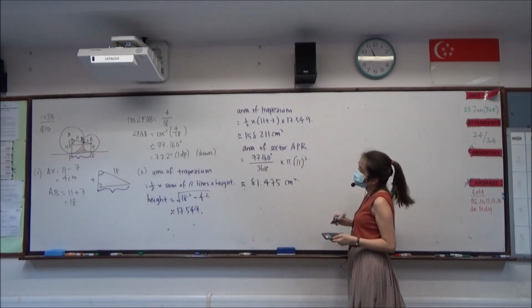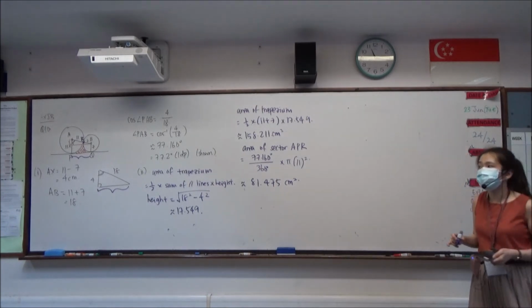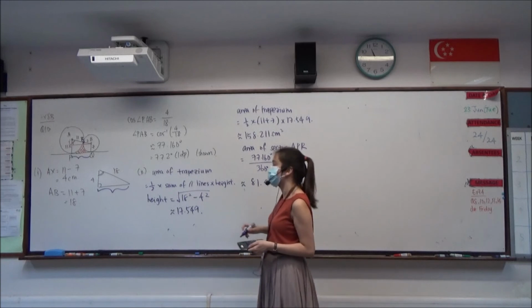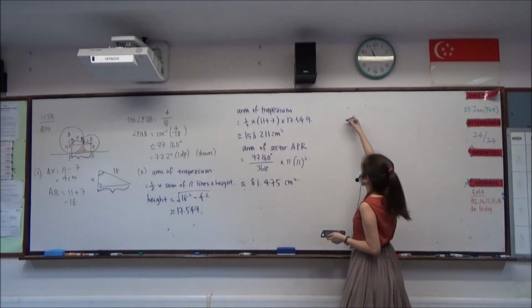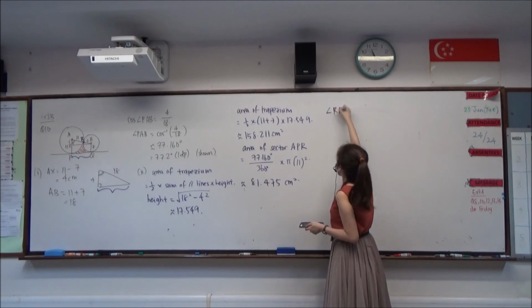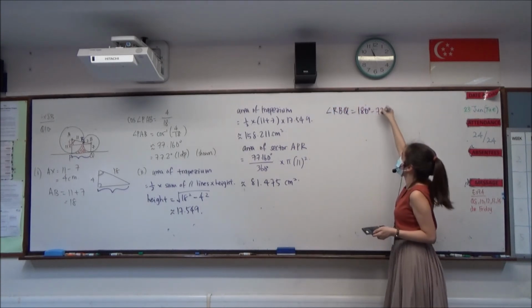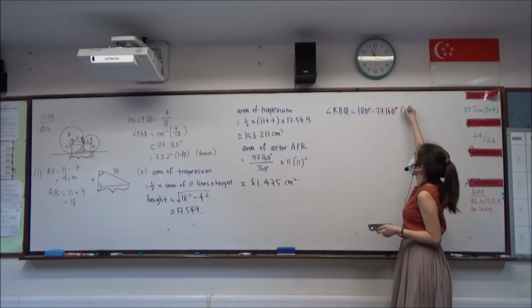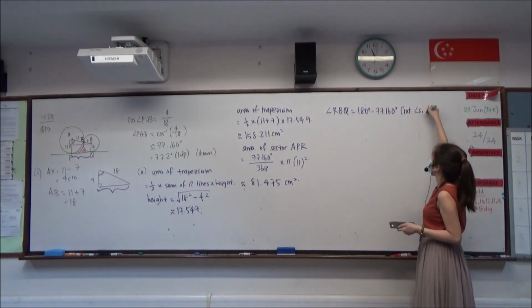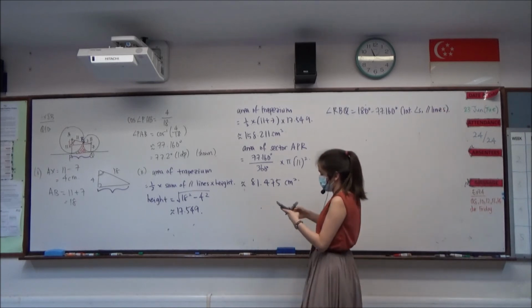Okay, then the area of the sector RBQ, right? We need to know what is the angle of RBQ, and the angle of RBQ would actually be 180 minus away 77.160 because we have parallel lines and we can apply interior angles of parallel lines.